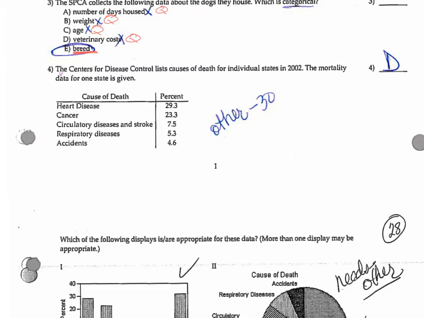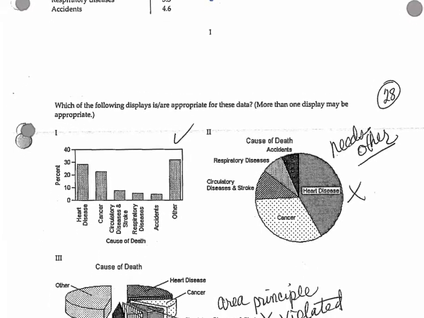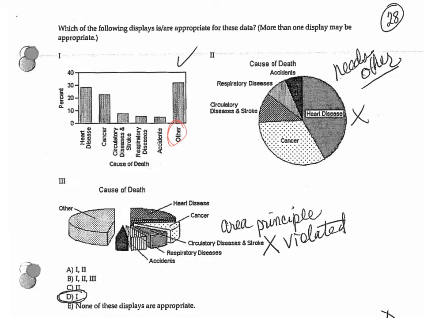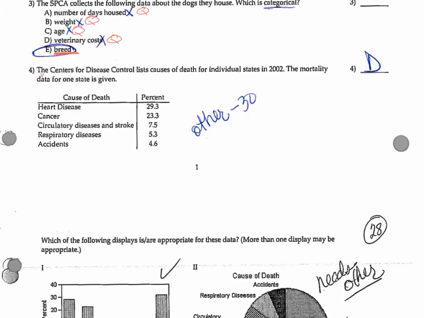So I figured this out, and because we needed other, I noticed in the picture options that other was in some of the picture options that we had, down here is other. So I apparently needed to figure out how much the other was. So I came up here and I added all of these up, and they added to 70, I guess.